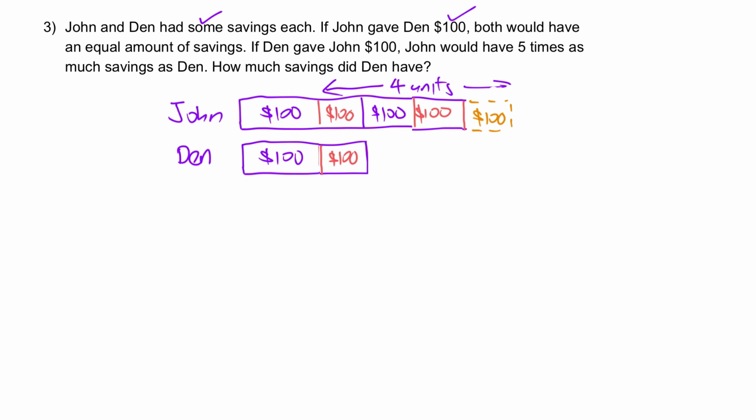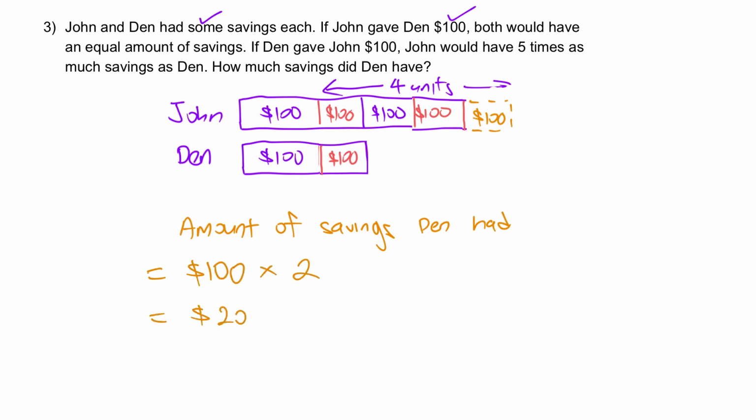Okay, so the amount of savings Dan had is just $100 times 2 to give us $200.